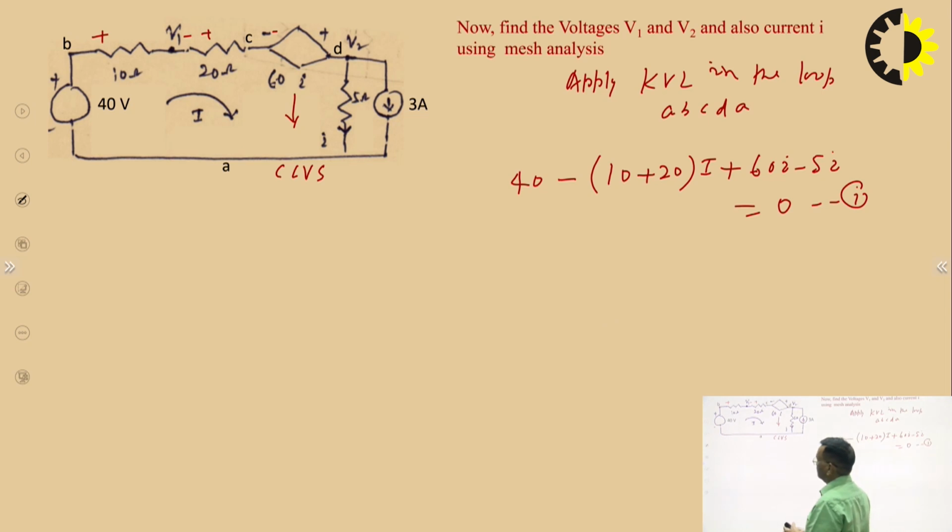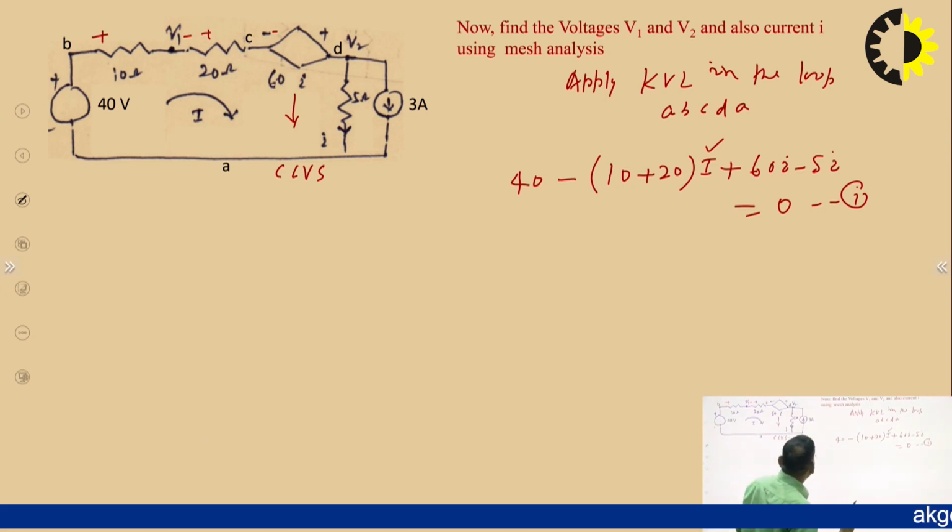So applying Kirchhoff's voltage law, we have obtained these equations. Here are two variables, one is capital I and the other is small i. Since there are two unknowns, two equations are required.